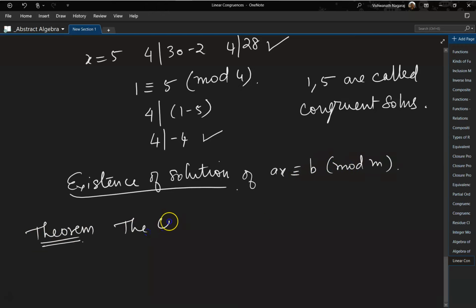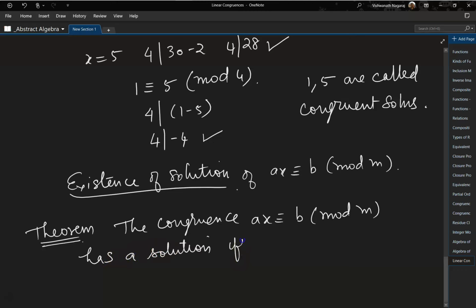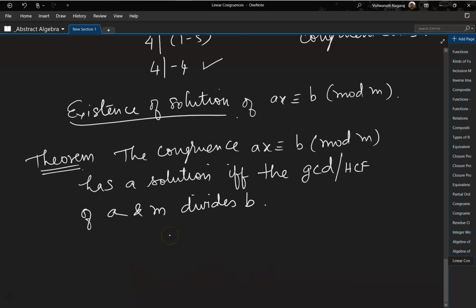The congruence AX is congruent to B mod M has a solution if and only if the GCD or HCF of A and M divides B. So here you have A and here you have M. If its GCD divides B, then we can say a solution exists.